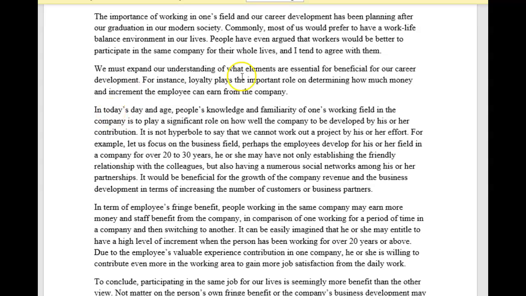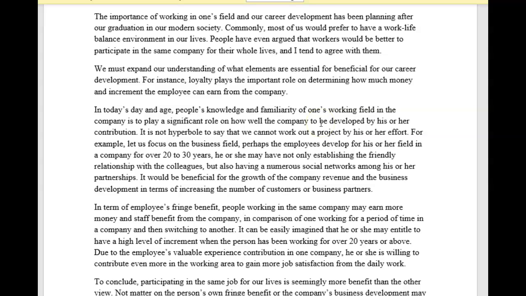So what you're saying is one's knowledge of one's field plays a role in how the company grows with his contribution. It sounds a little funny, okay? It's not really one's knowledge, it's one's contribution that plays a role in how well the company develops. So it's just a little strange.